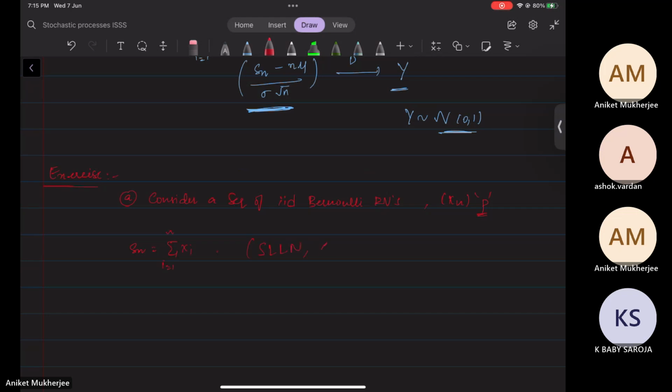Using SLLN and CLT, what can be stated? Okay, so first solution. First, using SLLN, what can you state using SLLN?